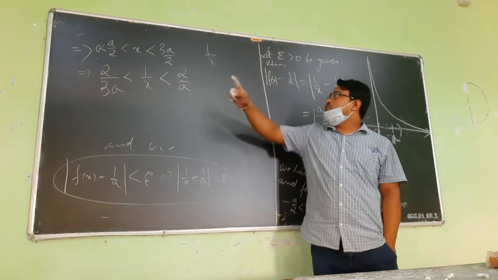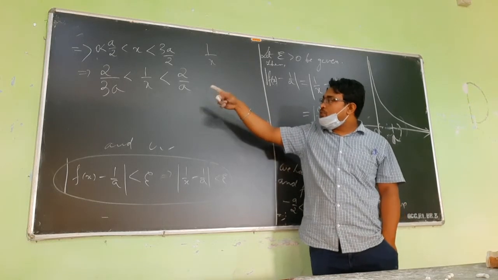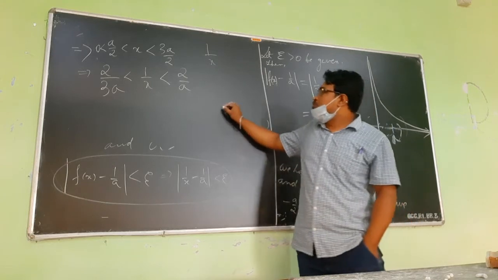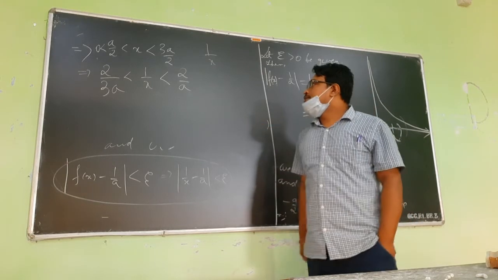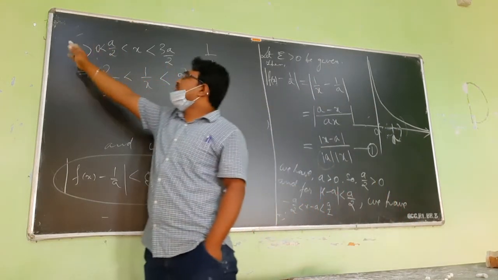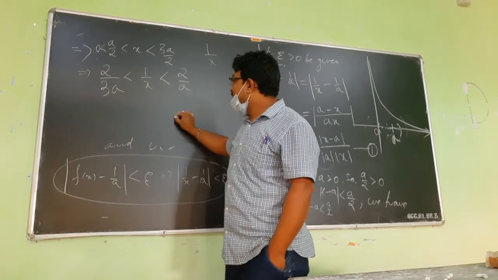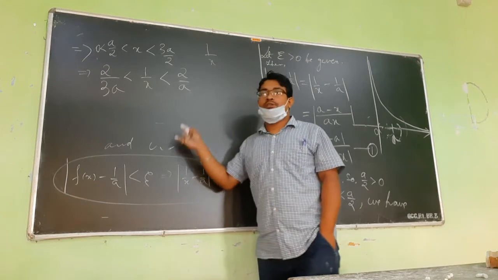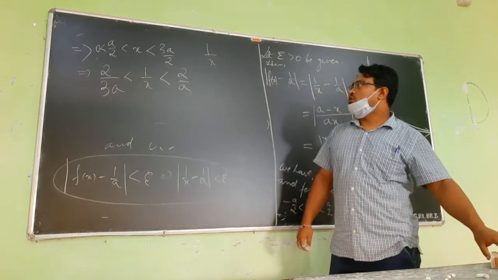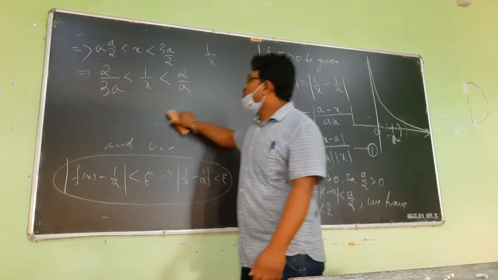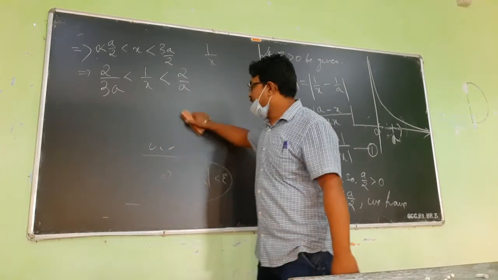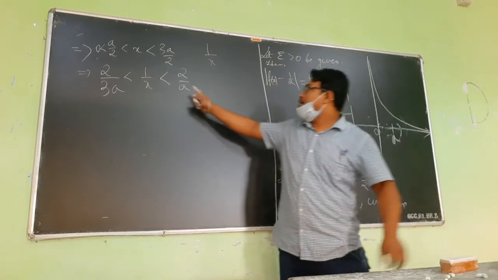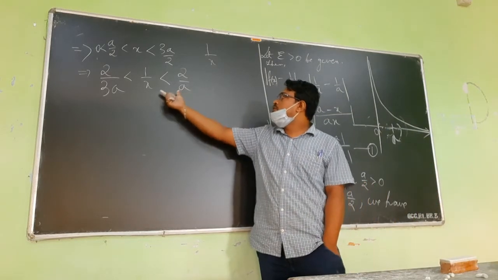X lies between a by 2 and 3a by 2, so 1 by x will lie between 2 by 3a and 2 by a. Just reciprocal. That is why I don't want negative things to come, because if a portion is negative, in that case I cannot take the reciprocal. The inequality will not hold. So a by 2 is less than x means 1 by x is less than 2 by a. So I am able to find a bound for 1 by x.